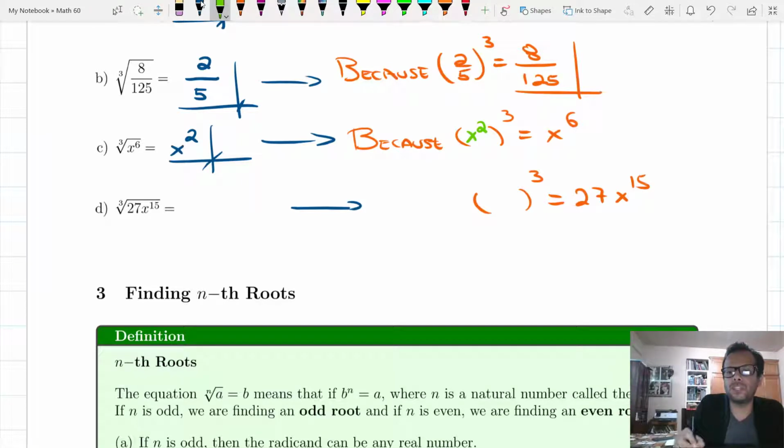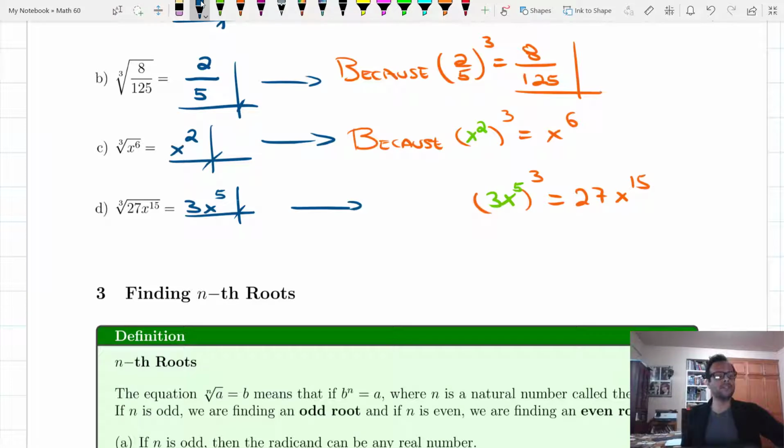It's what number cubed equals 27? That's 3. X to what power equals 15? In this case, 5, because when we multiply 3 times 5 we get 15 as a power. Okay, so final answer, 3x to the 5th power.